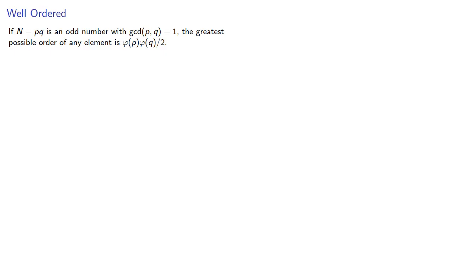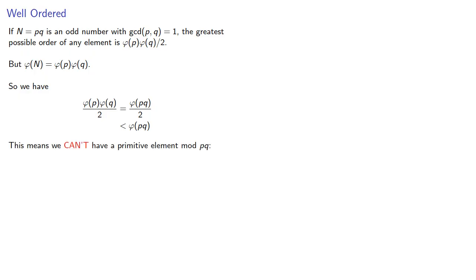And once more, if n equals pq is odd, well, you know the rest of it. But phi of n is phi of p times phi of q. So since the greatest possible order is the product divided by 2, and that's phi of pq divided by 2, that's strictly less than phi of pq, which means we can't have a primitive element mod pq.